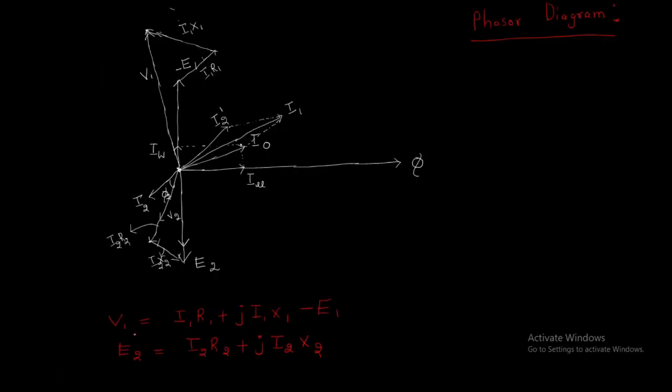That's why I make the equation like this: E2 equals I2 R2 plus j I2 X2 plus V2. And the supply will satisfy the load.